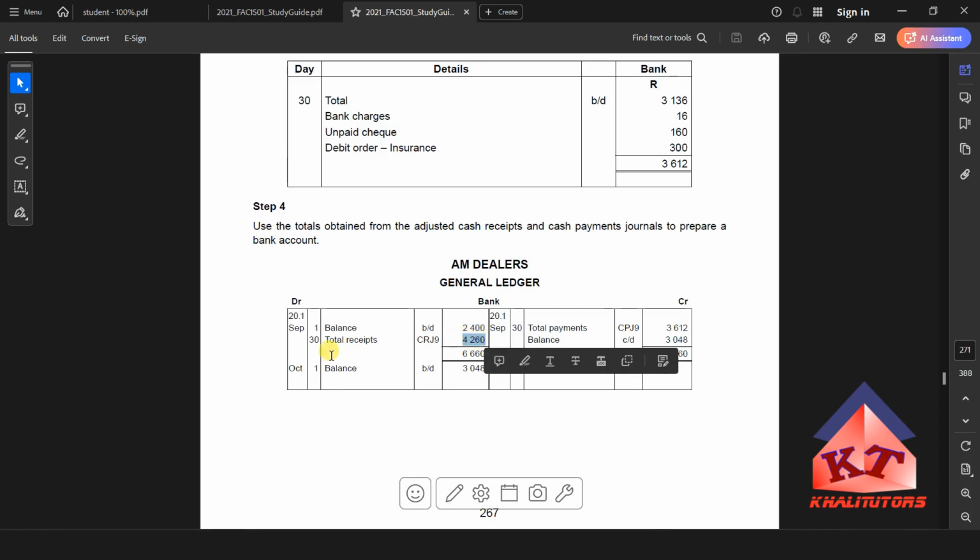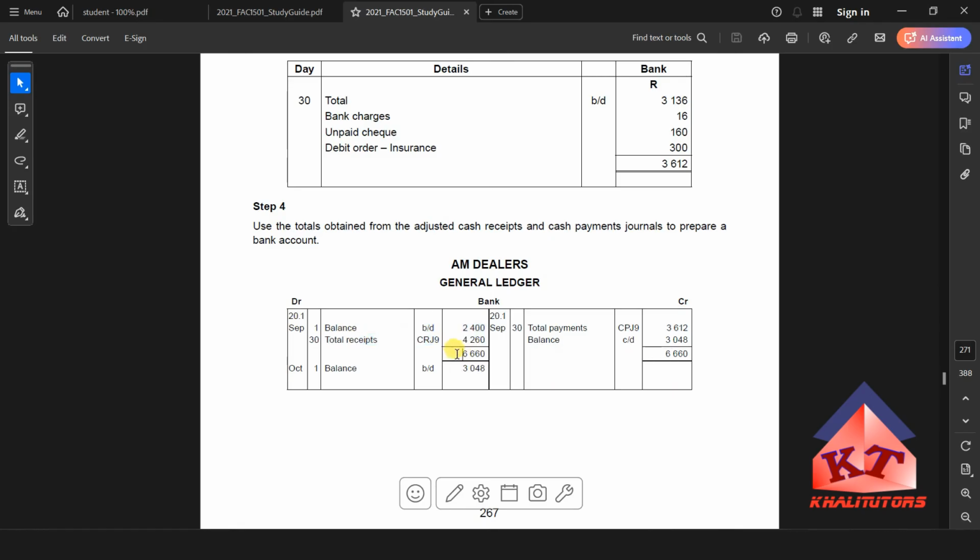totals for your cash receipts journal, okay? In this case, the total was 4,260, and this one tells you where this total came from, okay? This is your cash receipts journal, okay? And the total for your cash payments journal will be credited, and this was 3,612 francs, okay? So after writing these two here, you would have written this one and this one here.